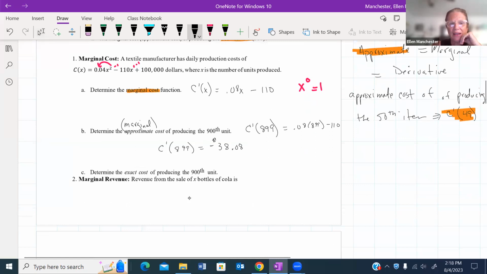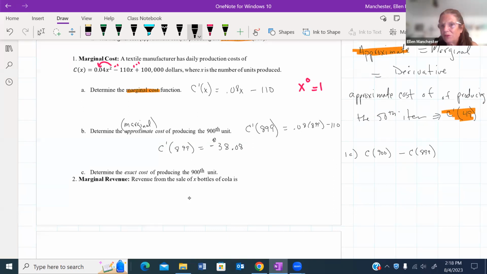And then the exact cost. This should have been moved a little bit. The exact cost, so this is 1C, I'll do it over here. The exact cost is going to be the cost of 900 products minus the cost of 899. Now, if you notice, this is actual cost.